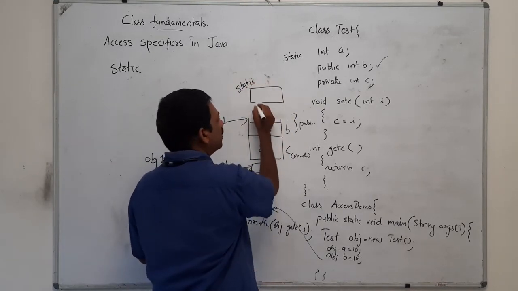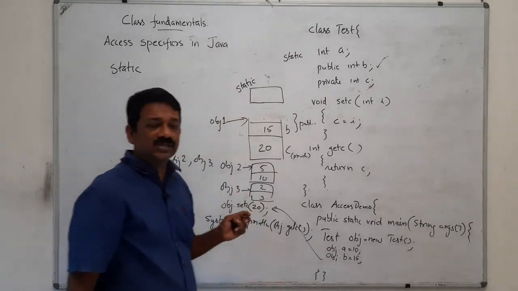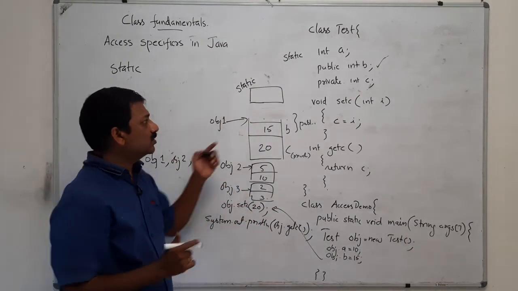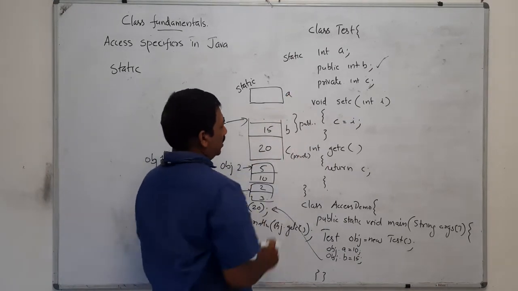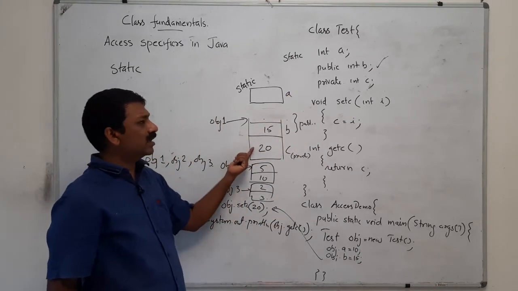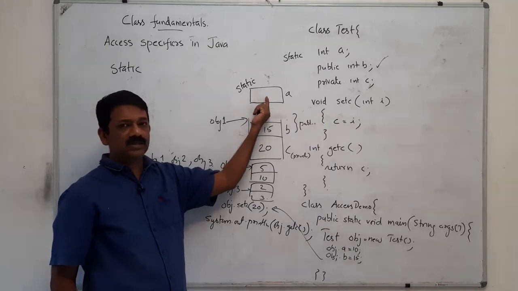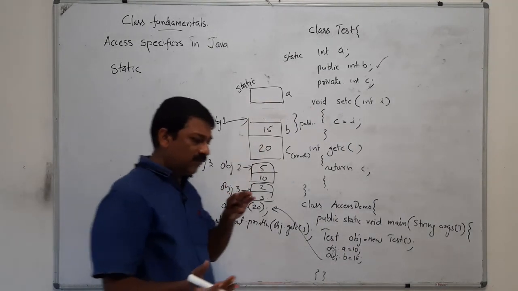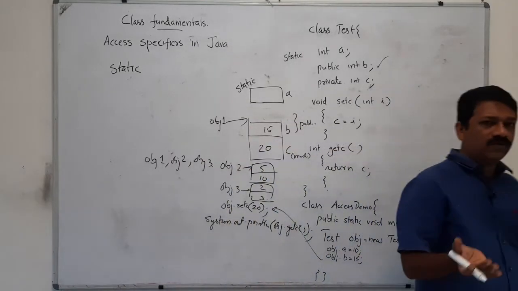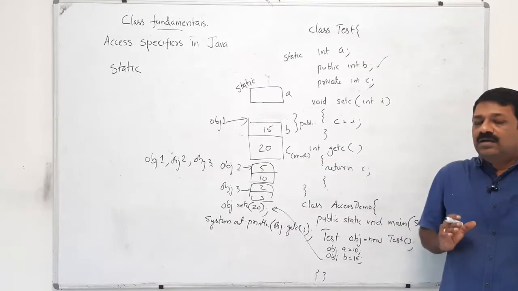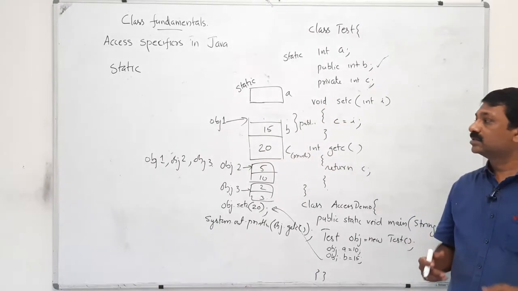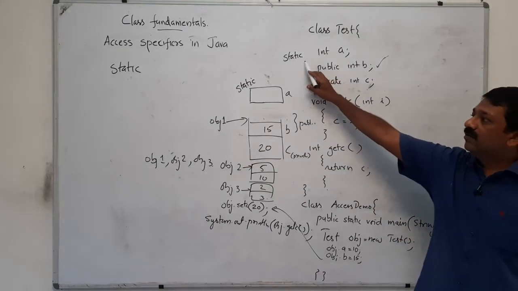Static variables are common to all the objects created from that class. If one object makes any modification to it, that is reflected and can be accessed by the others. That means if you want communication between different objects created from a class, you can make use of a static variable.